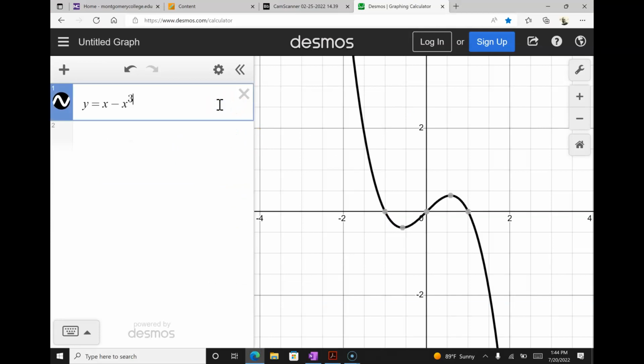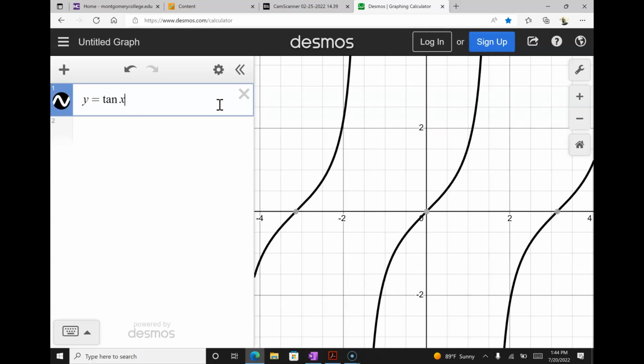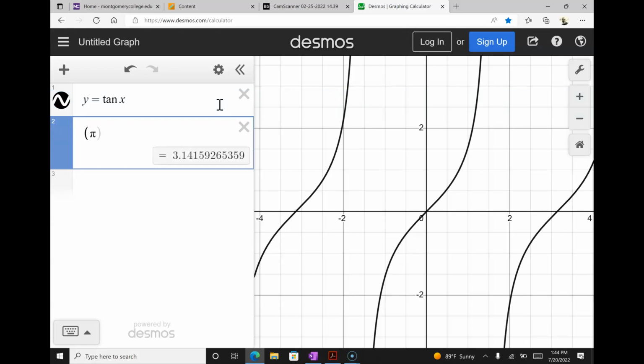On Desmos, y equals tangent of x. I had the point pi over 3, square root of 3.